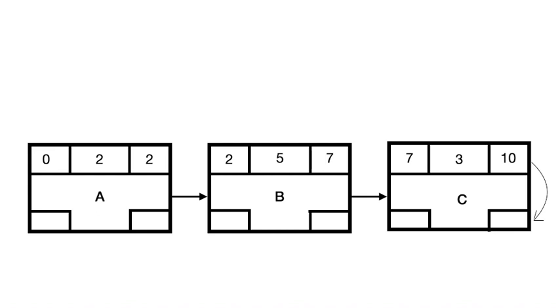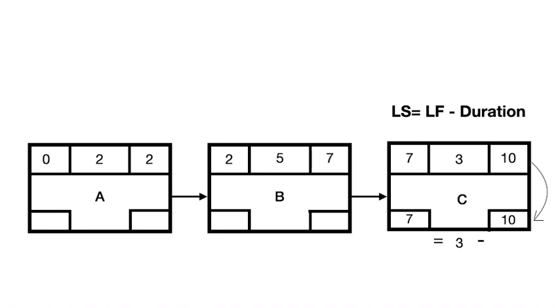So the late finish of activity C would be equal to 10 days. We're going to go backwards and now calculate the late start of this activity. The late start of activity C would be equal to 10 minus the duration of the activity, which is 3 days, which would be equal to 7.